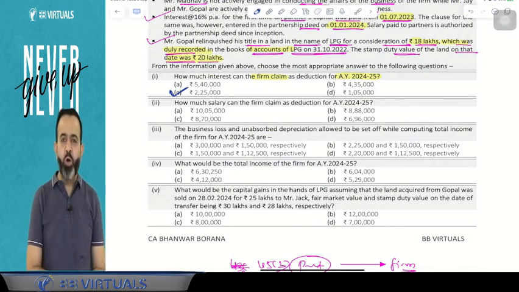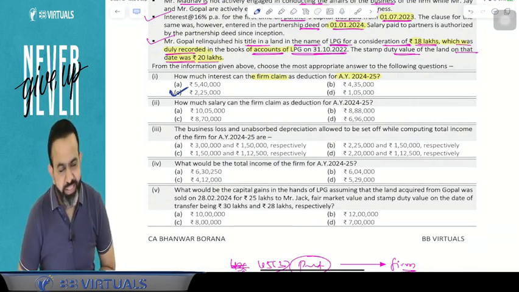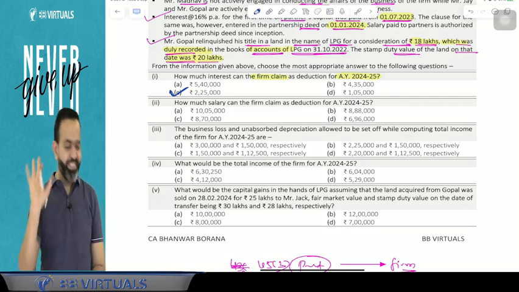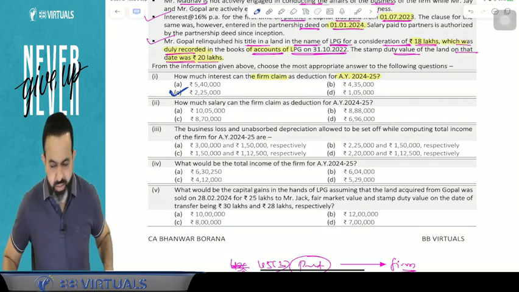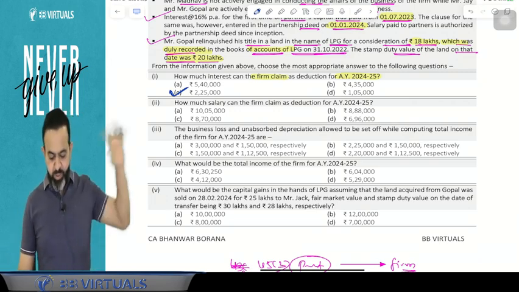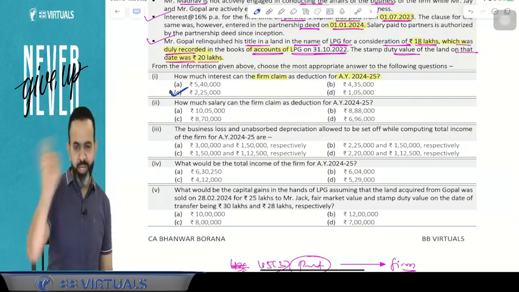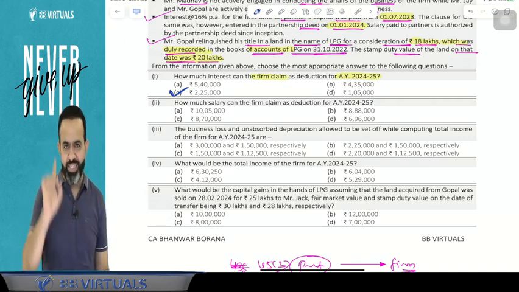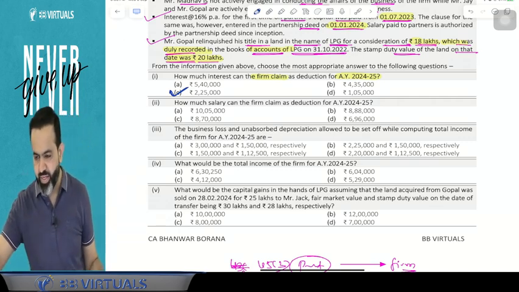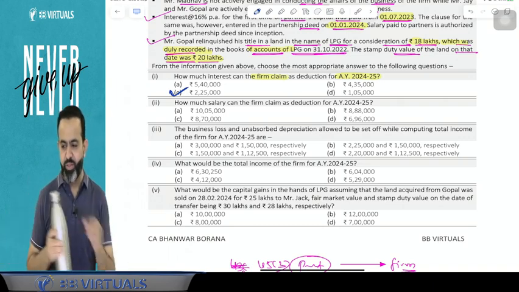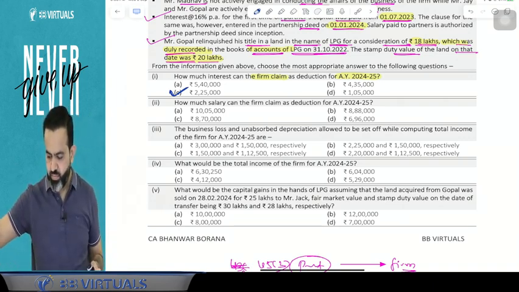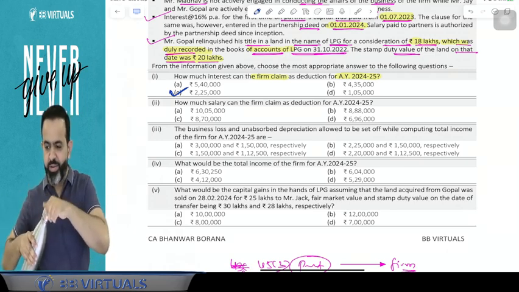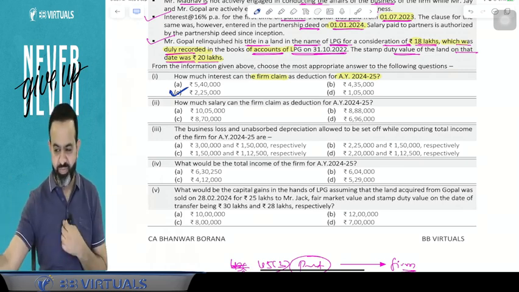Just tell me how many of you got the correct answer while solving this paper. Was your answer 2,25,000 or not? If anyone's answer was correct, just tell me, yes sir, my answer was correct. You derived this answer or not?